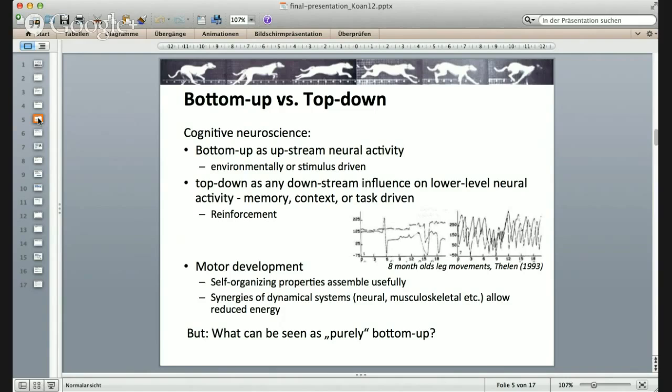In cognitive neuroscience, they call it recurrent. Of course, for us, recurrency has different meanings, but there, this is the definition for top-down.